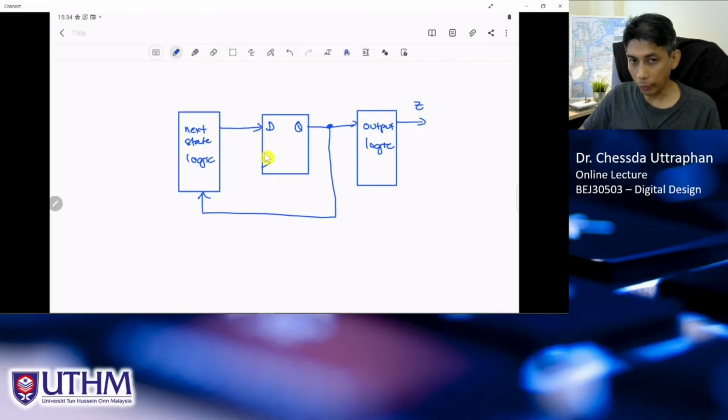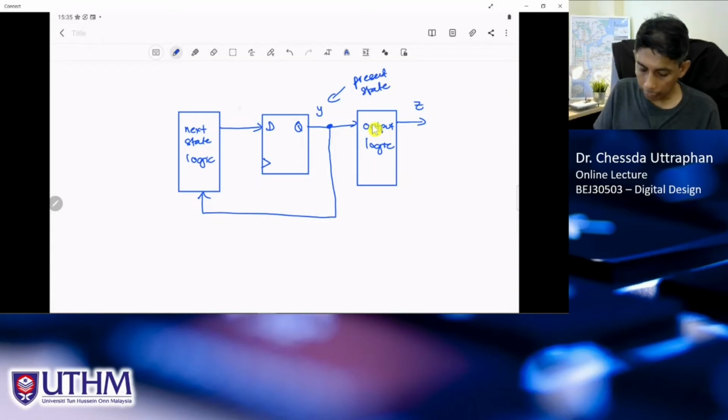So in this case, we have only 1 flip-flop, and this is small y, or we call it present state signal. This is capital Y, or we call it next state signal.